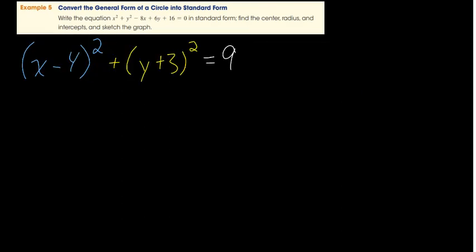Alrighty, so we're trying to find the intercepts. So let's go ahead and start with the x-intercept. Okay, so for the x-intercept we set y equal to 0. So it will become x minus 4 quantity squared is equal to, and let's just do the mental math here, right? If I set y equal to 0, I've got 0 plus 3 is 3. 3 squared is 9.